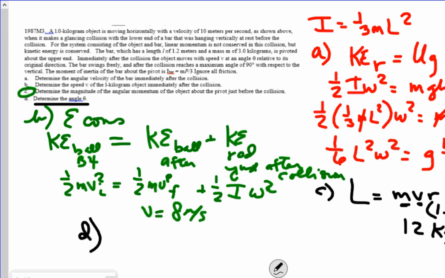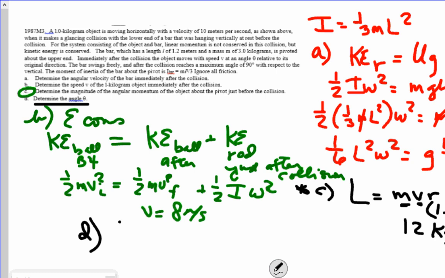We are going to be using that angular momentum that we just figured out in part C, and now we're going to have angular momentum at the end. And this really helps us because in order to have angular momentum, you have to have the radius and the force, or in this case, the velocity that will cause the force, at a 90-degree angle to each other. So that's applied along that radius at a 90-degree angle.